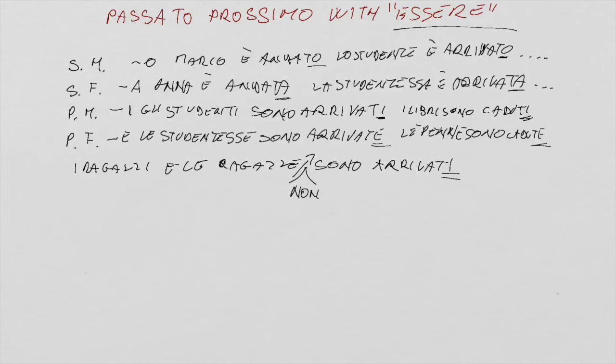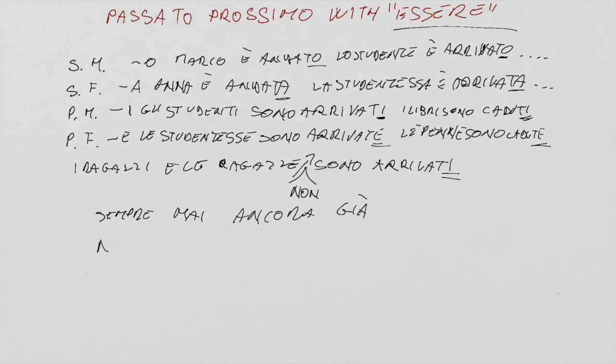The auxiliary essere, as you have noticed, always precedes directly the past participle. The only words that can go in between the auxiliary and the past participle are adverbs, like sempre, always, mai, never, ancora, yet, già, already.